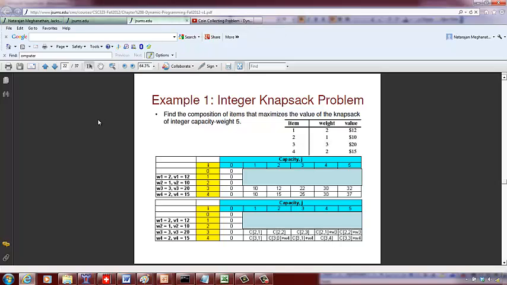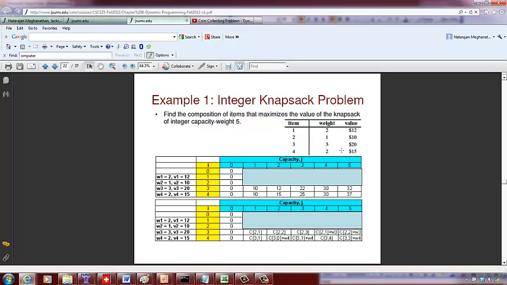So we are given, say, this list of 4 items, and their weights are 2, 1, 3, 2, and these are the item numbers, and the values are given. So you want to pick one or more of these items, such that the total value of the items that you pick is the maximum, and you cannot break any item.